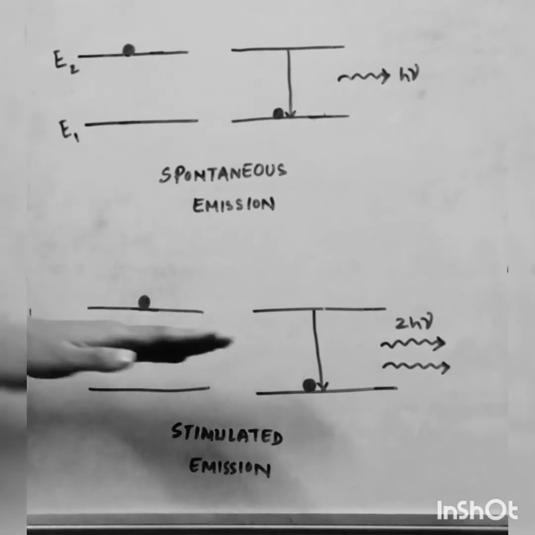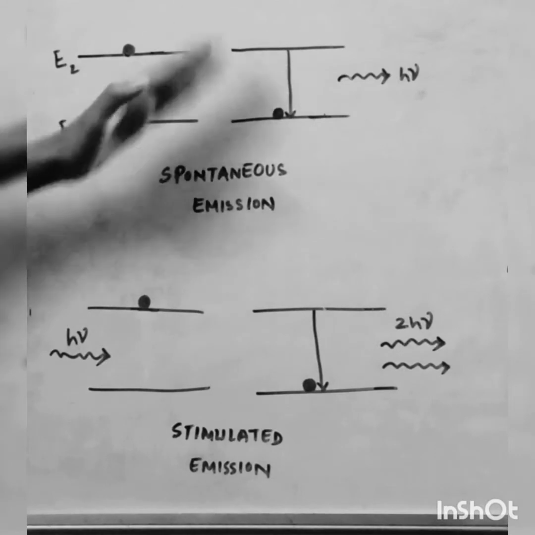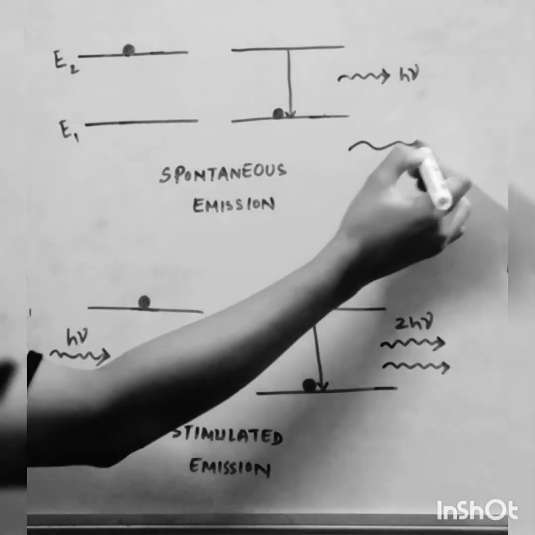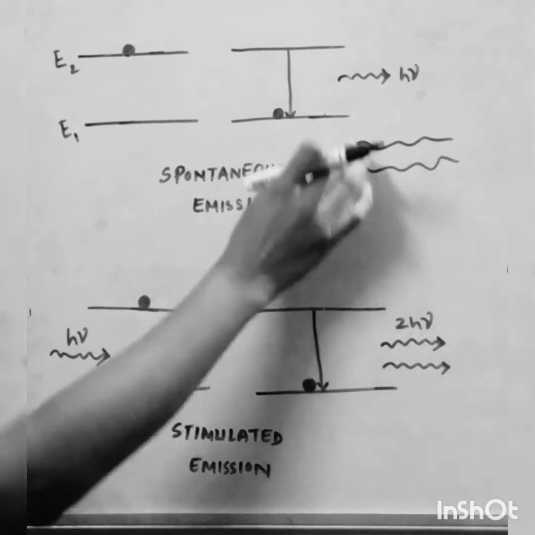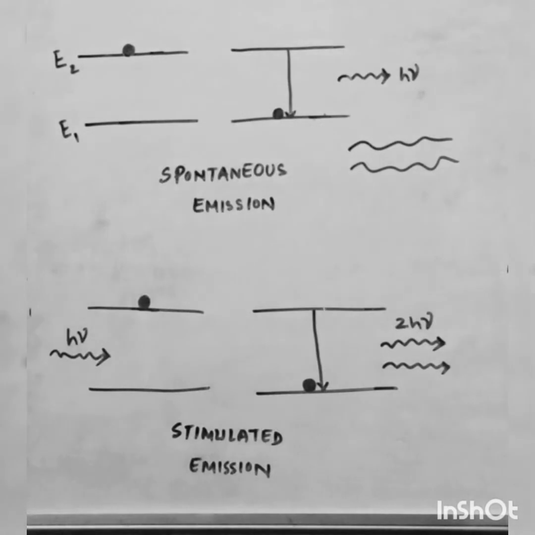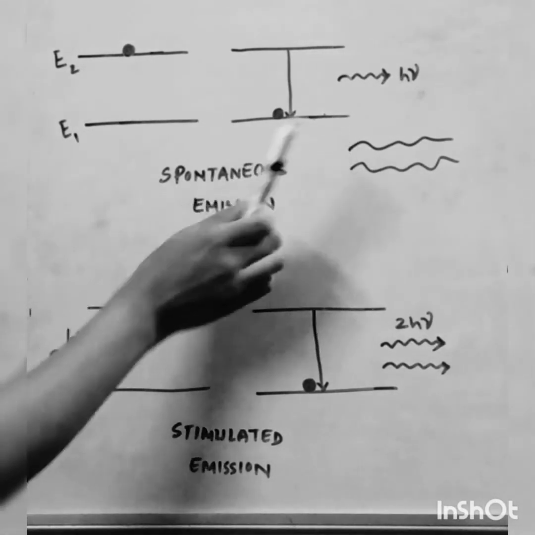That means this process is coherent, unlike spontaneous emission. Coherent means when two waves are traveling with the same amplitude, same frequency, same phase difference, same phase angle, same energy, etc. When they have the same properties, then they are said to be coherent.